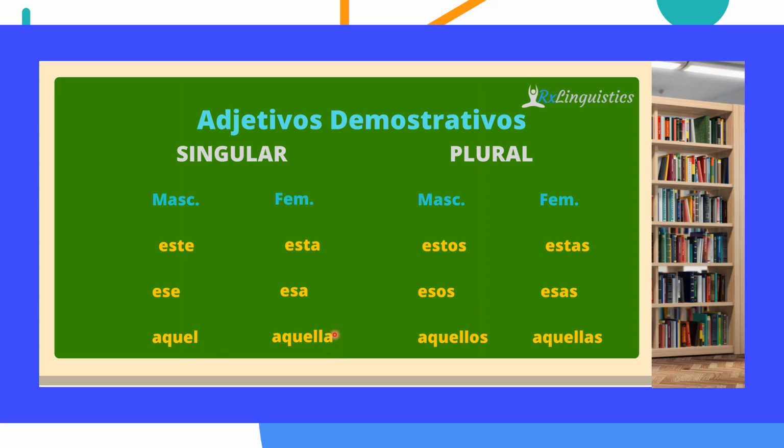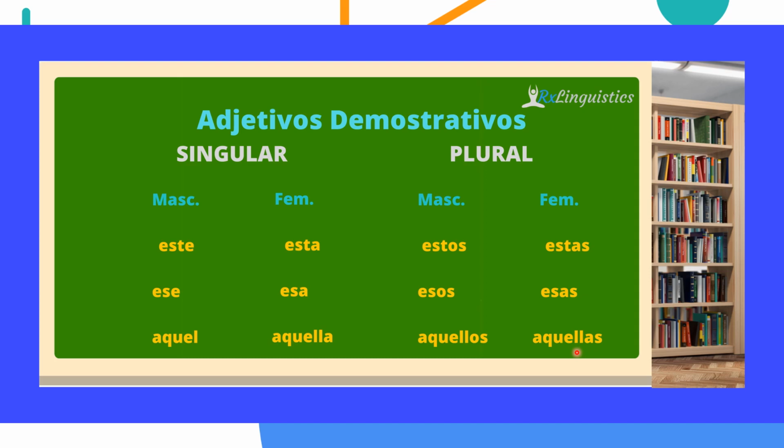Okay? Then you have the plural forms. And these represent these and those. So estos and estas are these, esos and esas are those, aquellos y aquellas are those over there.